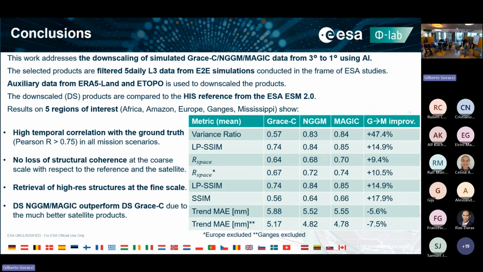And finally, the downscaled NGGM and MAGIC outperformed the downscaled GRACE continuity due to the much better satellite products. And you can see here in the last column of the table, the improvement going from GRACE to MAGIC. So the variance ratio, for example, has an improvement of 47.4%, and the errors are reduced, and basically all the correlation and structural similarity indexes are much better.